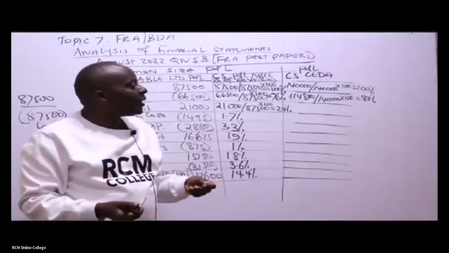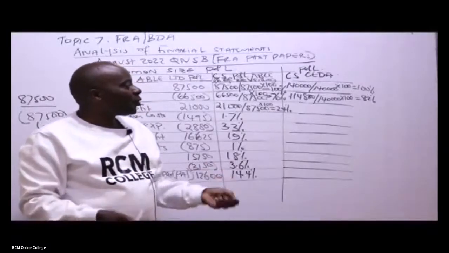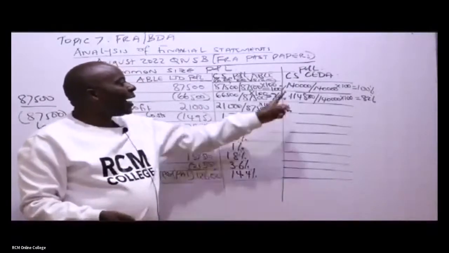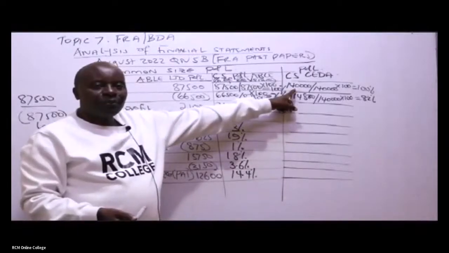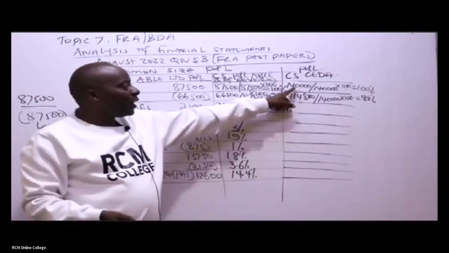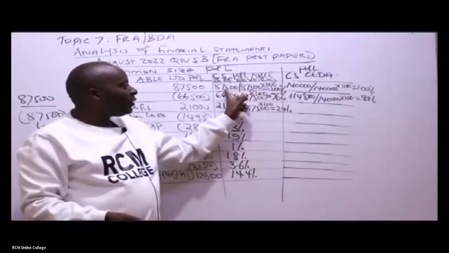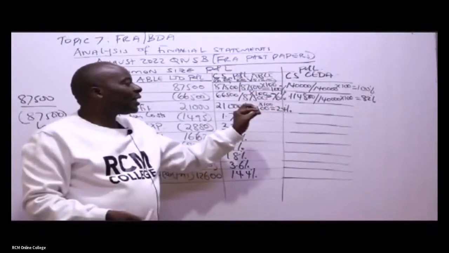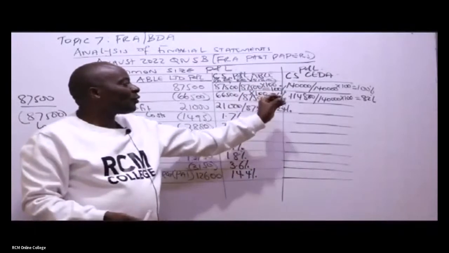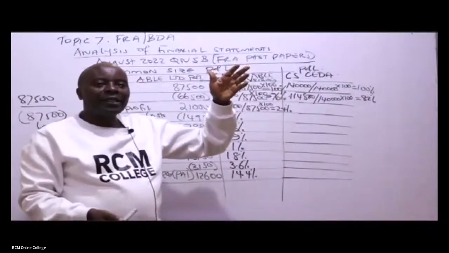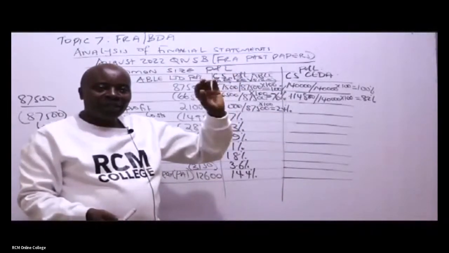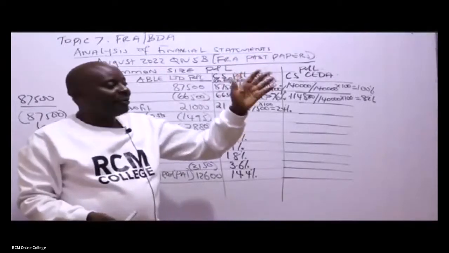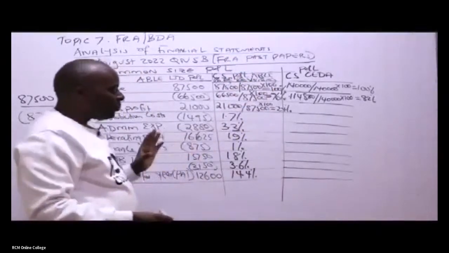And I'm able to see that the increase in the cost of sales for CIDA is attributable to a higher revenue. Because you can see revenue here for CIDA is 140,000. This one is 87,500. So you can't say that simply because cost of sales of CIDA is higher, that we are doing badly. No. Also, the revenue is quite high, but you should be able to look at that as we progress.